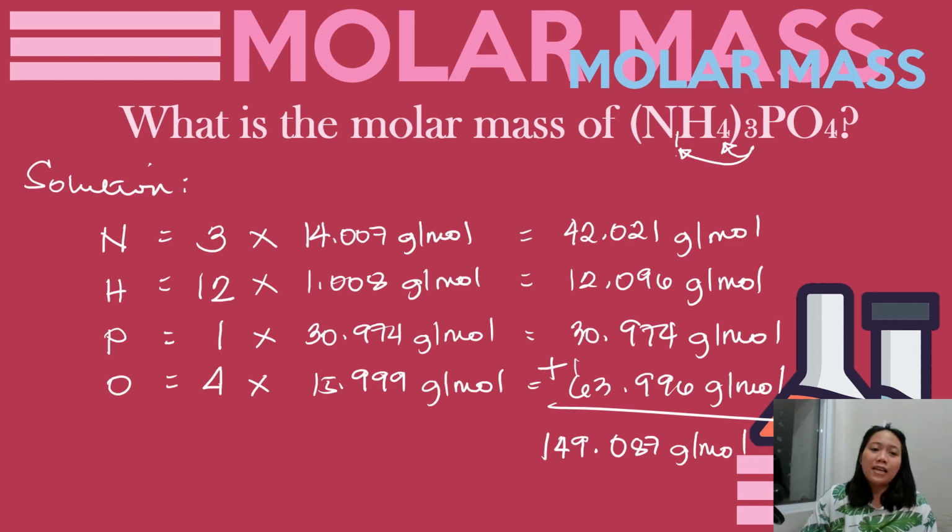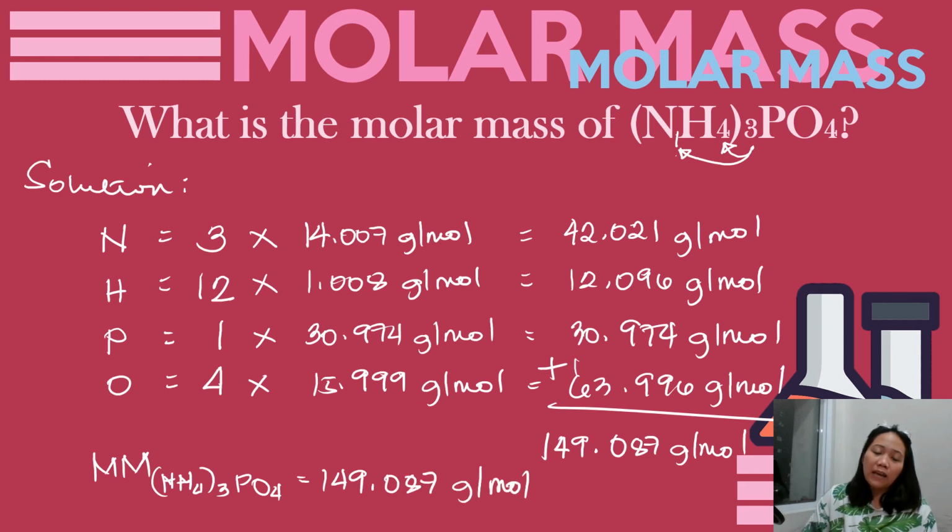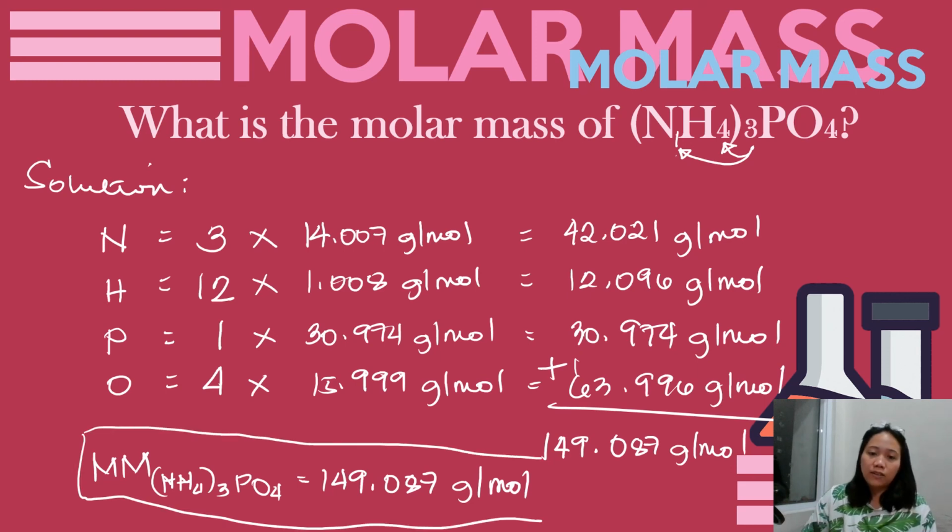That means that the molar mass of your NH4 ammonium phosphate is equal to 149.087 grams per mole. And please don't forget to box your final answer. So that is the molar mass of your ammonium phosphate.